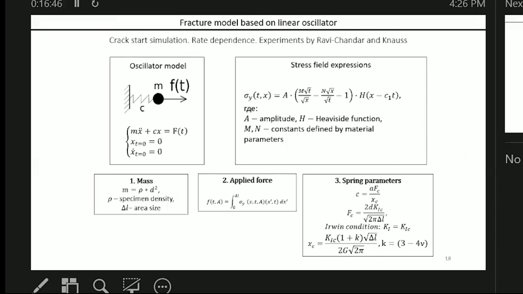We calculate the applied force using the expressions for the corresponding stresses acting in this particular problem. And we calculate the spring parameters, its strength and its stiffness, thinking that our model should work in static conditions too. So we think that in statics, even the fracture criterion works. And from this point of view, we calculate the stiffness of the spring and the critical deflection of the mass.